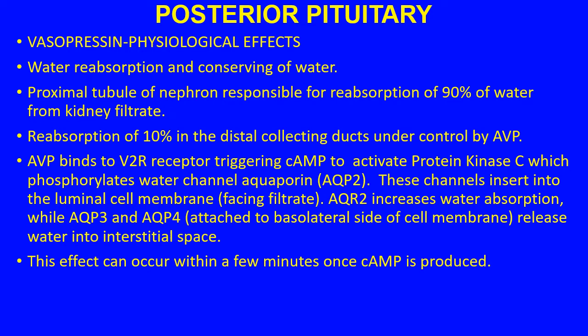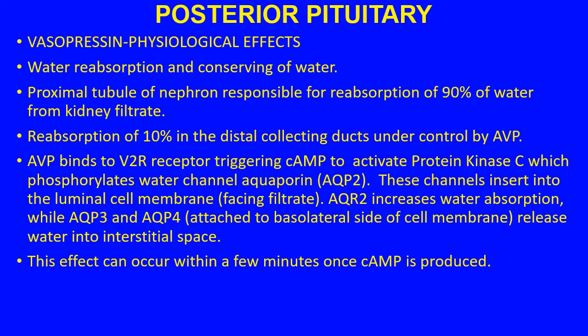As we mentioned before, what's going to happen? AVP is going to bind to the V2R receptor. This is going to trigger cyclic AMP production, which is going to activate protein kinase, which phosphorylates the water channel aquaporin, AQP2. These channels will insert into the luminal cell membrane.